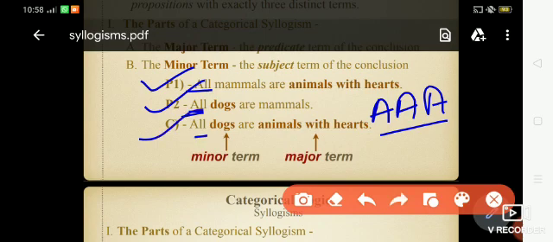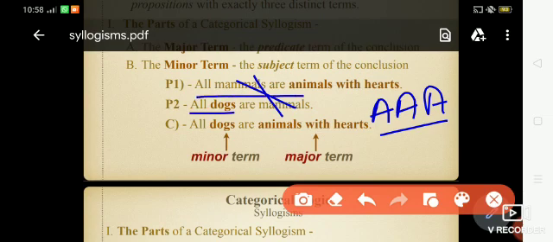So every time, how can we find out the conclusion? The common terms will be eliminated, and the remaining will be used for getting the conclusion. Like here, all dogs are mammals, all mammals are animals with hearts. The common is mammals.